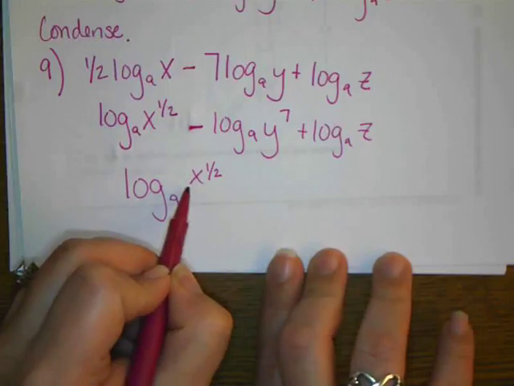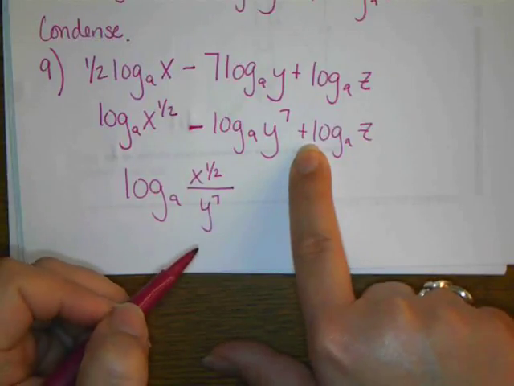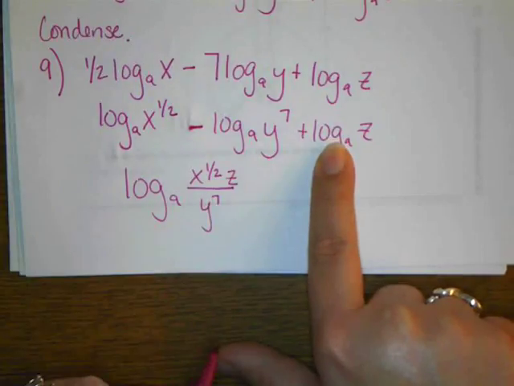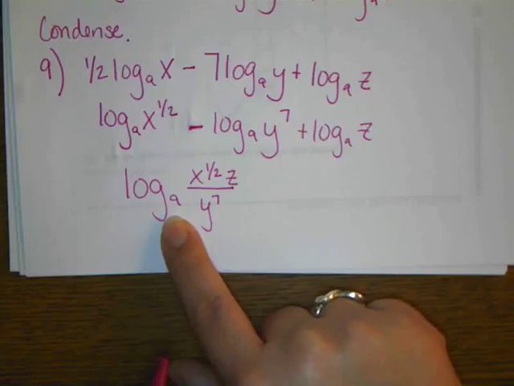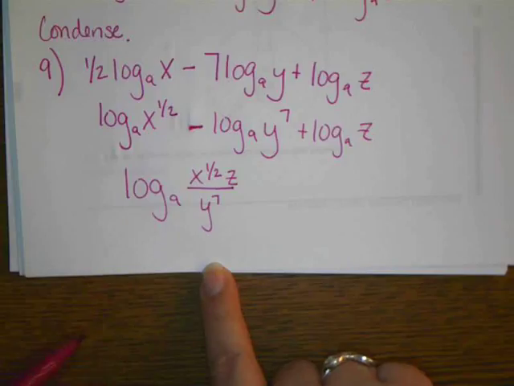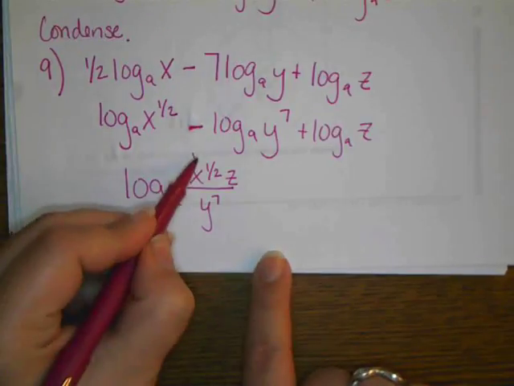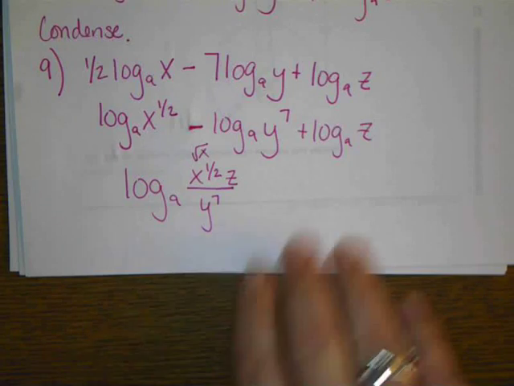This is a minus, so the y to the 7th goes on bottom. This is a plus, so it's back up to the top. So it's log base A, you write it one time, of the top stuff is on top, all the things added and all the things subtracted are on bottom. You could also write that as square root of x times z if you'd like. It doesn't matter.